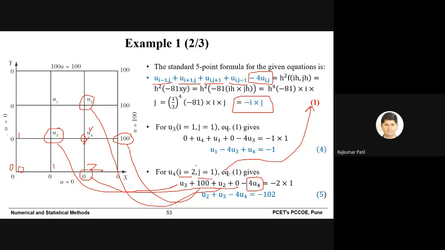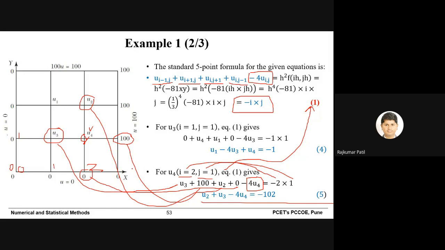We know that i equal to 2 and j equal to 1. So minus 2 into 1. And upon simplification, you will get one equation: u2 plus u3 minus 4 u4 equal to 102.